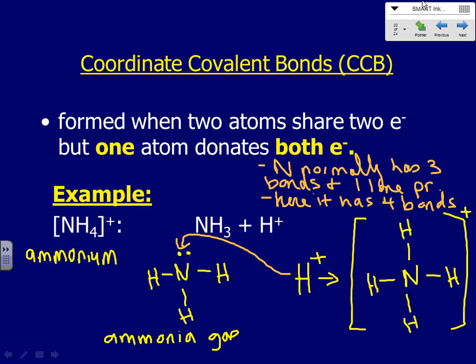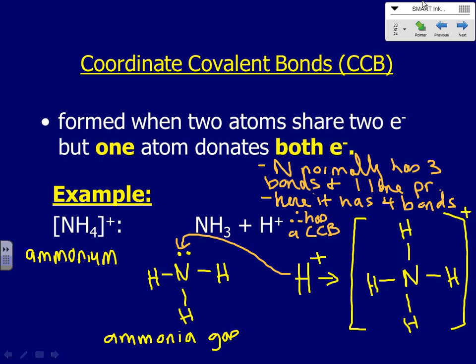Now, is the nitrogen still happy? How many electrons are around it? 8. 2, 4, 6, 8. So it's still happy, but it's just not in the normal form. If it normally has 3 and 1 lone pair, and here it has 4, we can then say, therefore, it has a coordinate covalent bond. And that's the way you're going to tell. If an atom doesn't look the way it should, then it has a coordinate covalent bond.